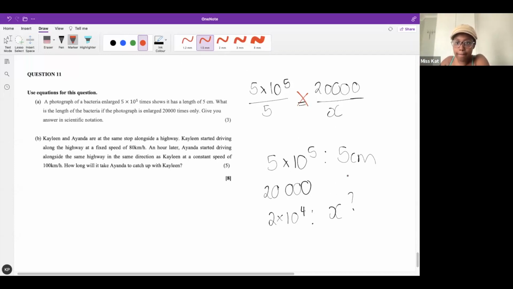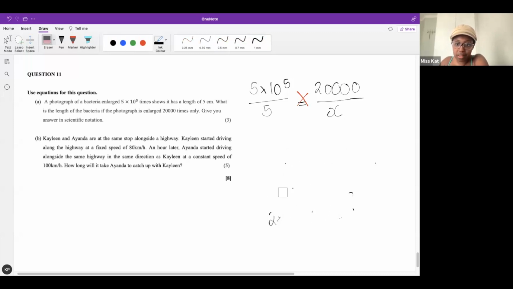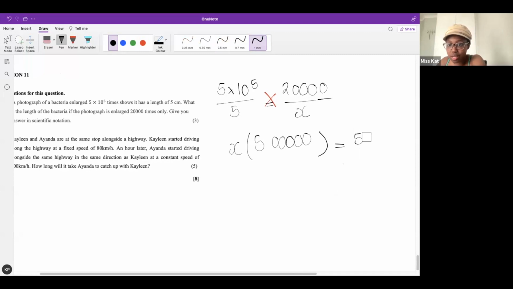Okay. That's where I'm going to need a calculator. I'm going to need you to help me here. So 5 times 20,000 is equal to X times 5.